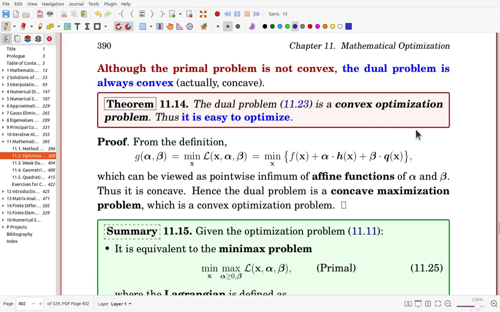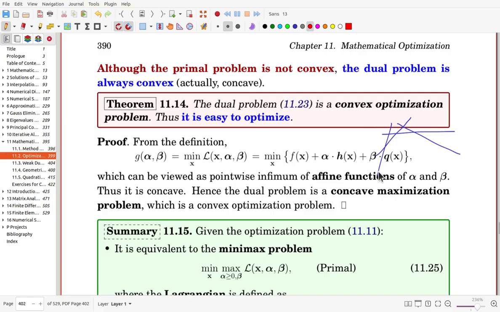For example, in the alpha-beta domain, it's a line for an x, and for another x, it can be another line, and for another x, another line, and so on. Now, among these lines, we try to choose the minimum over x.